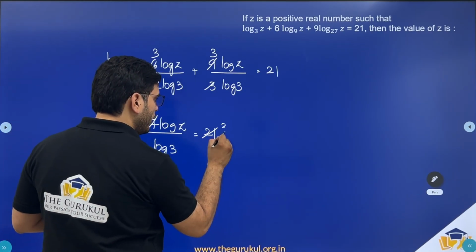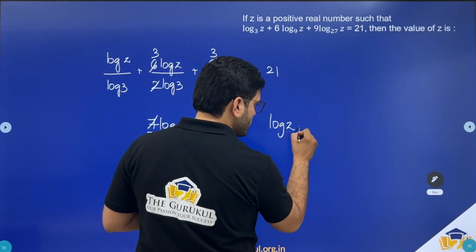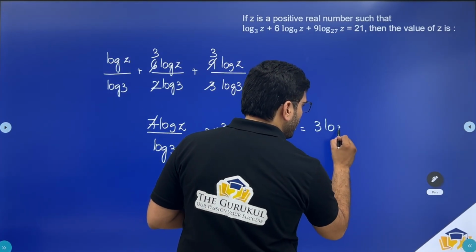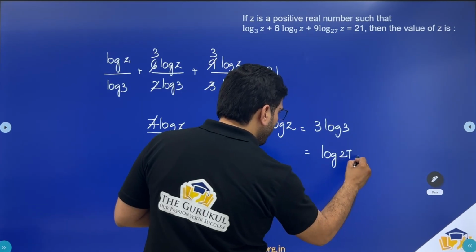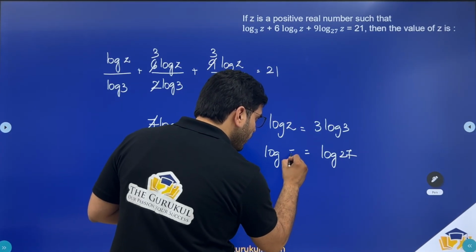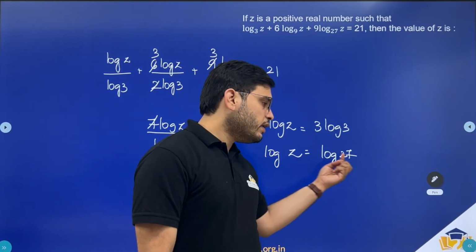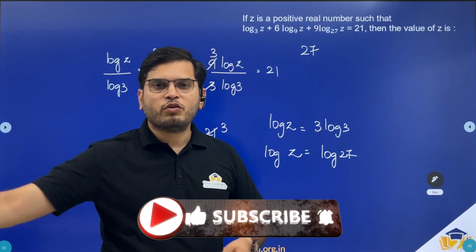Now this is 3 times, so log z is equal to, if I cross multiply, we'll be having 3 log 3. Now 3 log 3 is nothing but log 27. Now we have log z is equal to log 27, right? So this will be valid when z is equal to 27. So 27 should be the answer to this question.